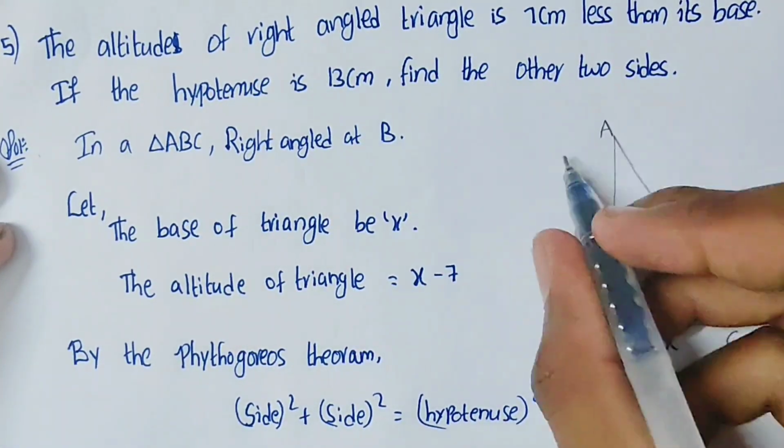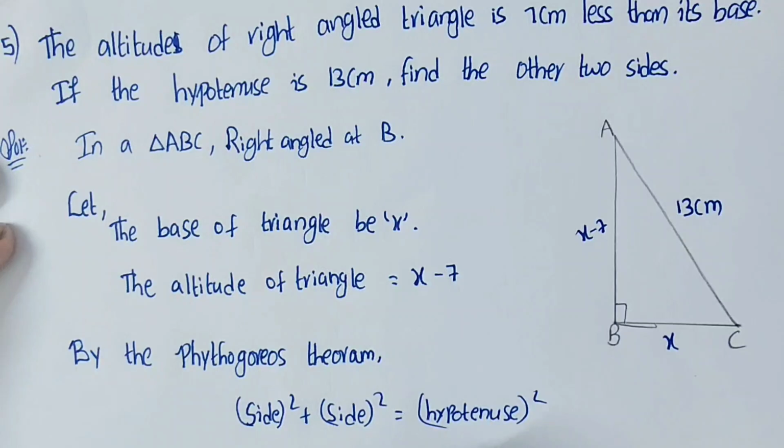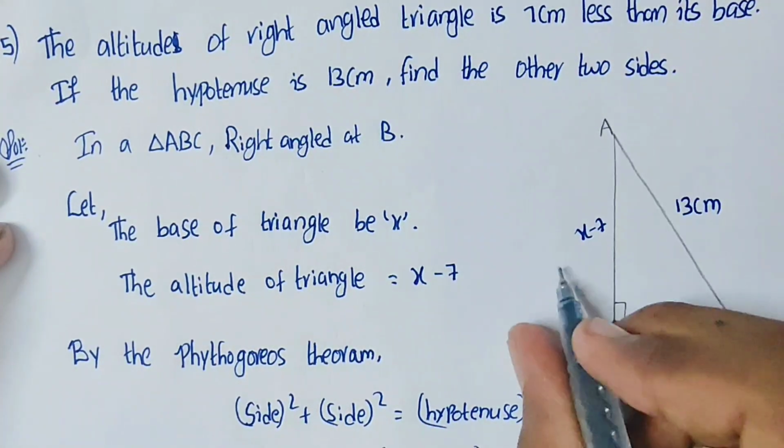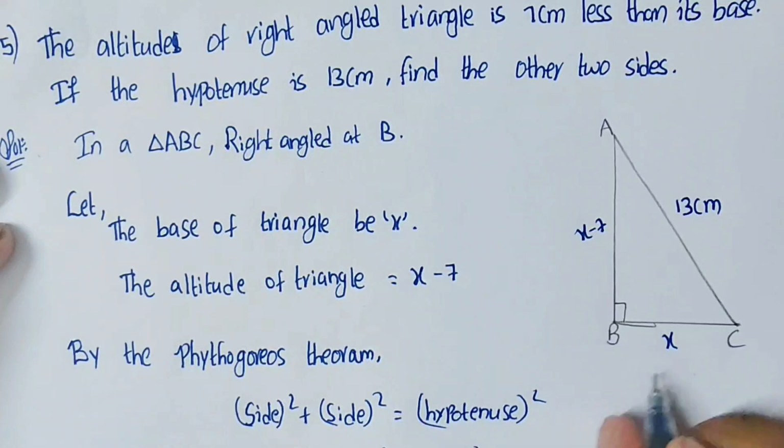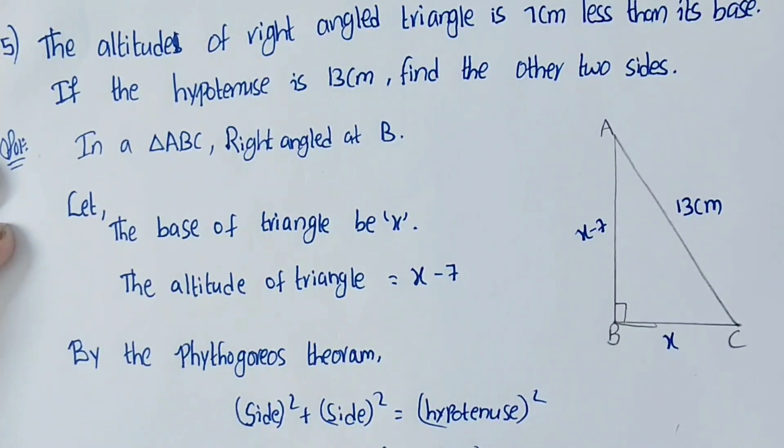Here AB square plus BC square equals AC square. AB is x minus 7, so (x minus 7) whole square, plus BC is x, so x square, equals AC which is 13, so 13 square.